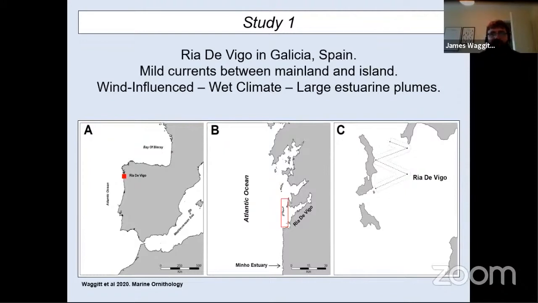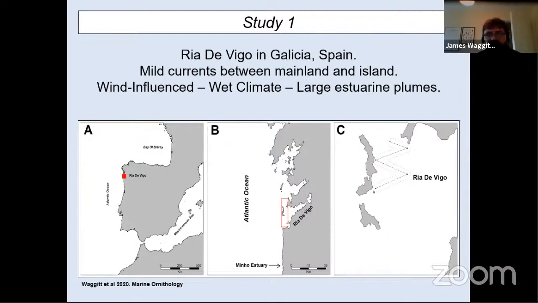The main influence on this site is the weather. So it's very wind influenced, so it's an upwelling system. So the direction and speed of the wind can influence the amount of nutrients coming into the system, and also the exchange of warm and cool water masses.